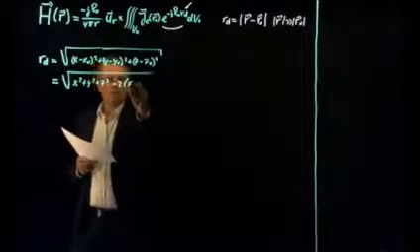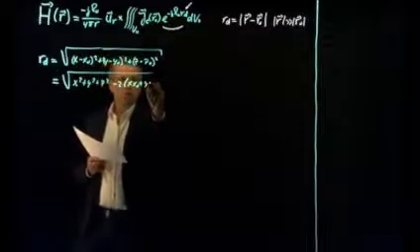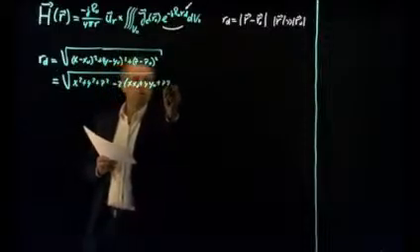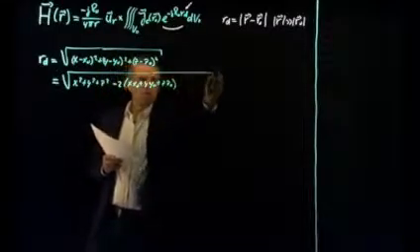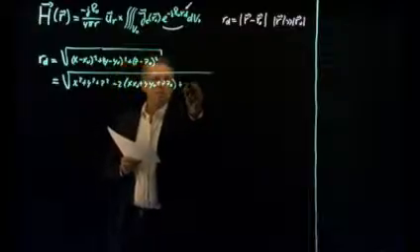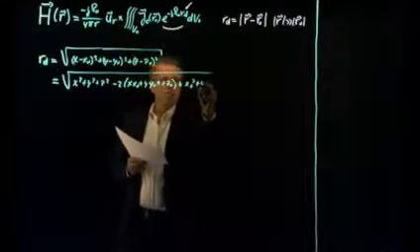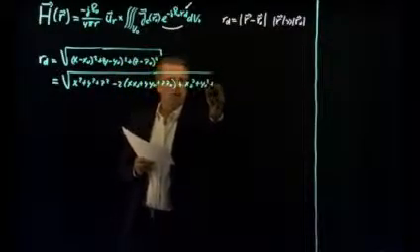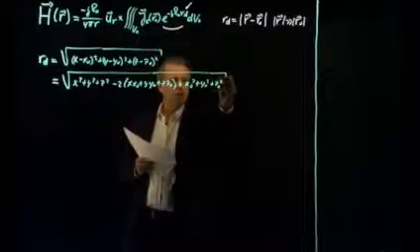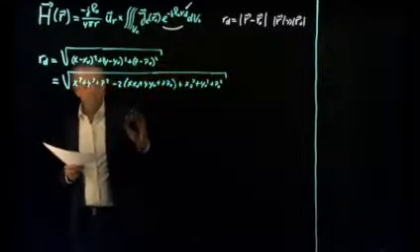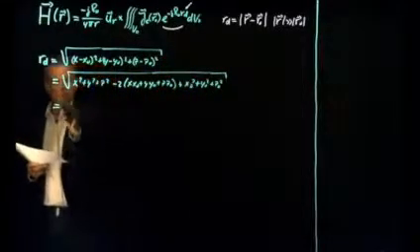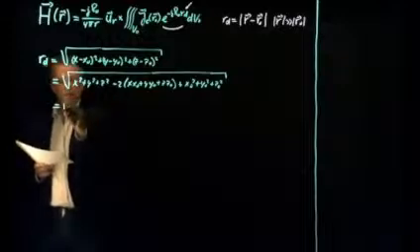Minus 2 times x x naught plus y y naught plus z z naught, plus this term, which is equal to r naught squared. I'm reshuffling it a little bit, bringing r in front.